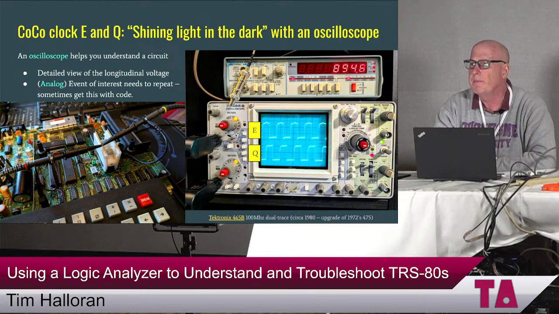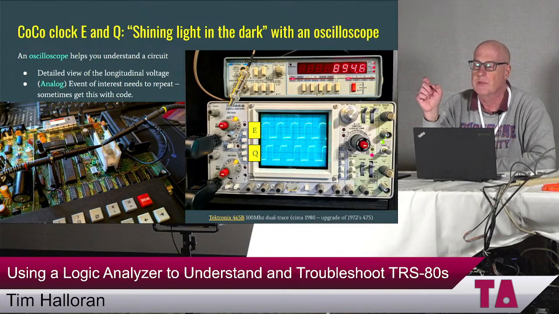The oscilloscope, as many of you probably know, shows you voltage over time. Now, for an analog scope like this, the event of interest needs to repeat. This is super simple here because a clock repeats, and I'm setting the trigger on E most likely, and it's triggering to keep the waveform solid.